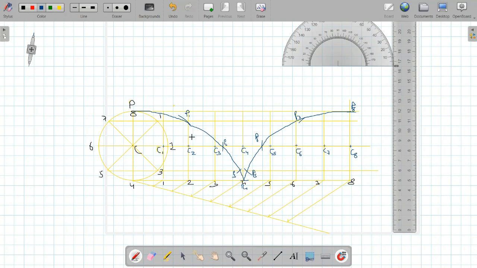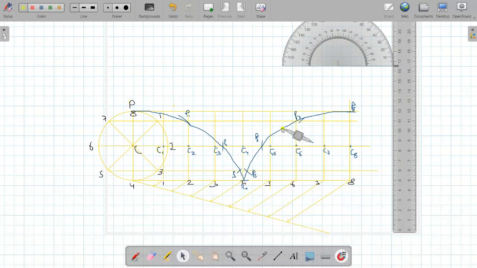Now let us say if it is asked to draw a normal and tangent to the curve. So the procedure is, if it is asked in the question to draw normal and tangent to any point on the curve, then you select any point on the curve. So let us say I will be selecting this point on which I want to draw the tangent and normal. So from this point, you have to again take the same radius.